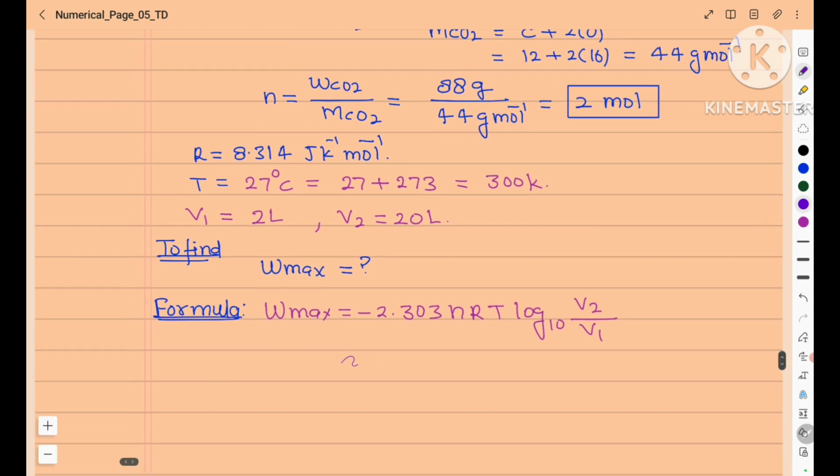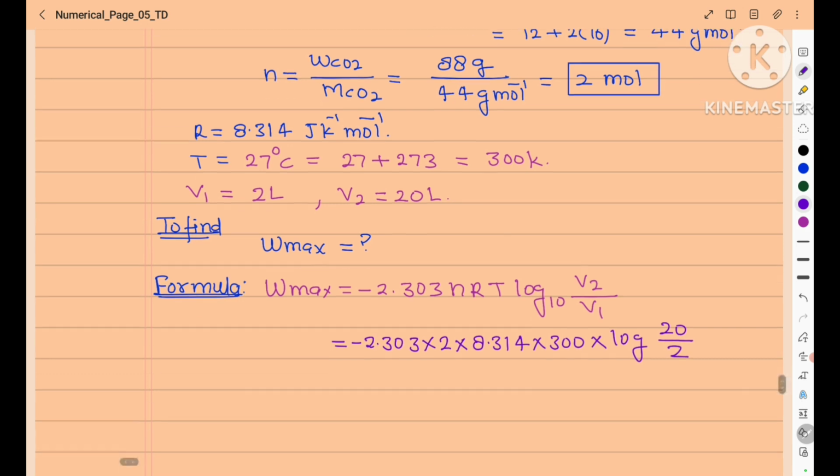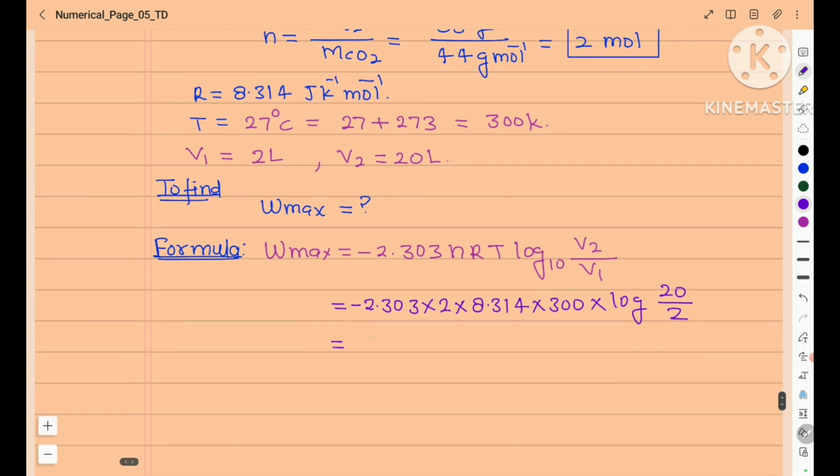Putting the values of all these, so minus 2.303 into 2 into 8.314 into 300 into log 20 by 2. So now we have to solve it.